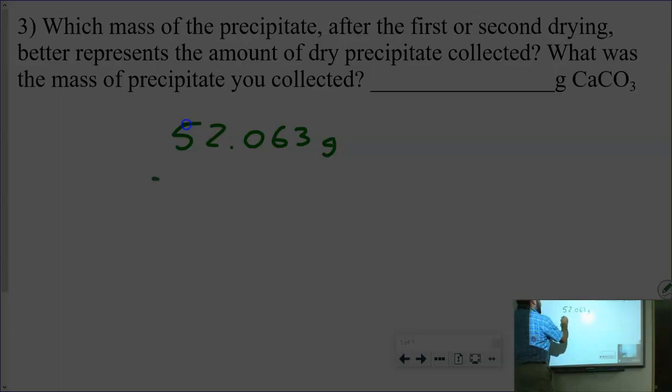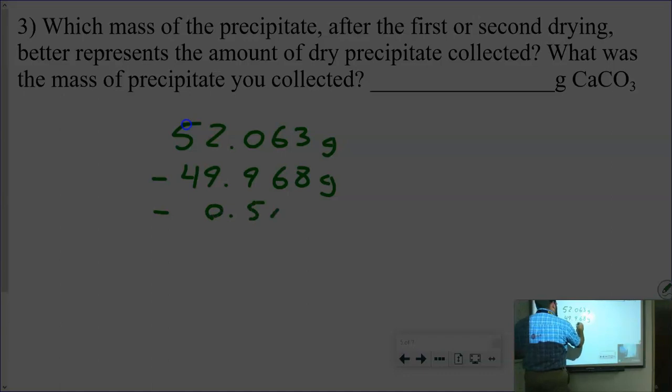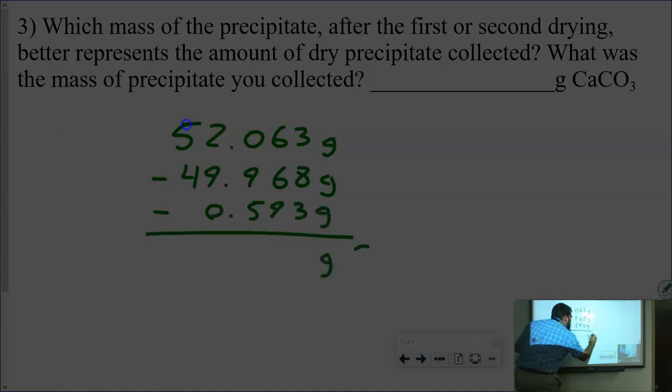So I need to subtract the watch glass and I also need to subtract the filter paper. When I'm done with that, this should give me the grams of precipitate that I actually had in my experiment. All right, so let's subtract this.